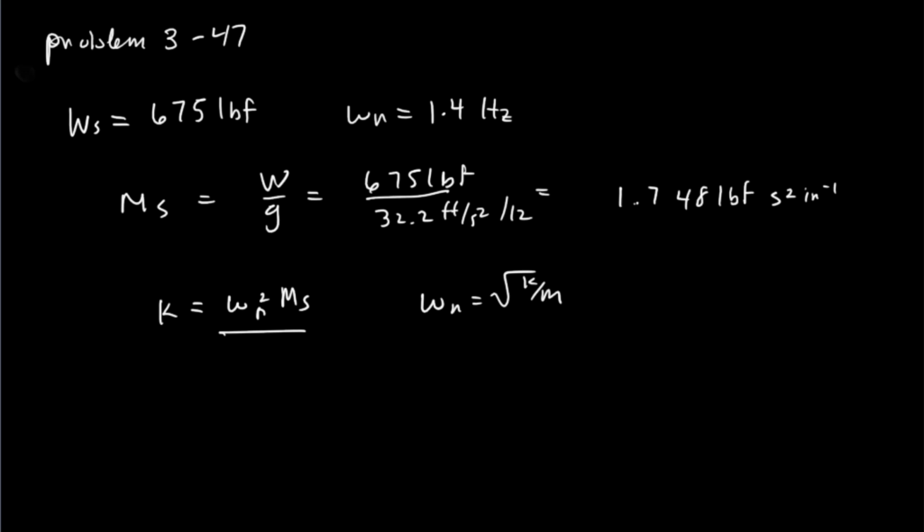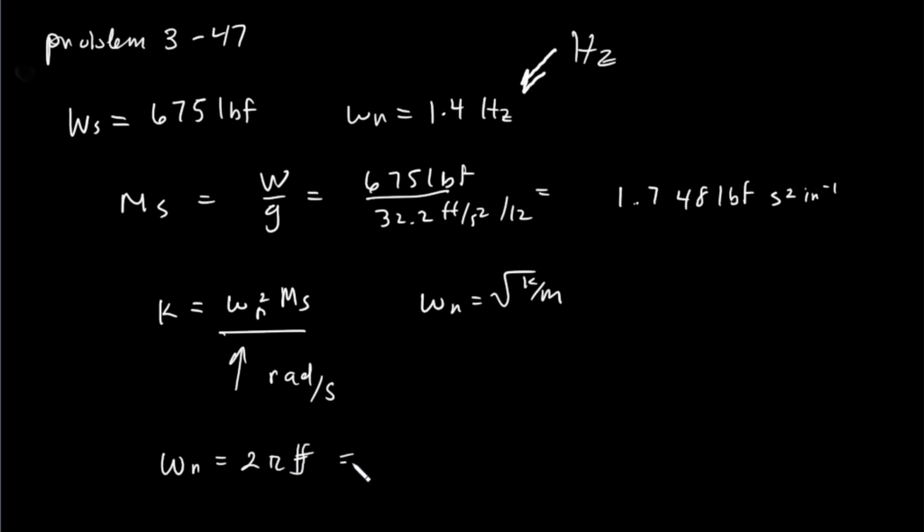And we have to be careful here because we have the units here in hertz, but when we have omega, omega is in radians per second. So to convert from hertz, omega n is 2 pi f.